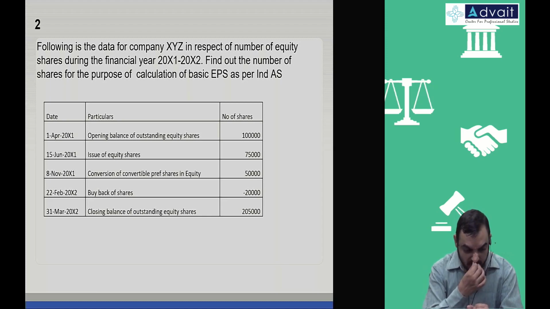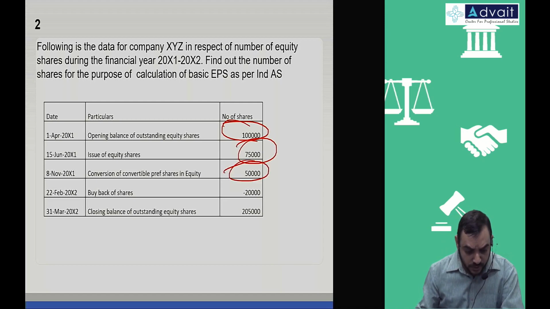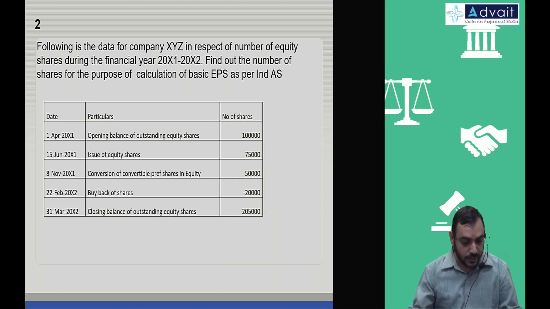Opening balance outstanding, issue of shares, conversion of convertible preference shares into equity, buyback of shares, closing balance of outstanding shares. Just make sure the closing balance matches. 1 lakh plus 75,000 plus 50,000 minus 20,000 is closing 2 lakh 5. It's adding up. Just wanted to confirm that.